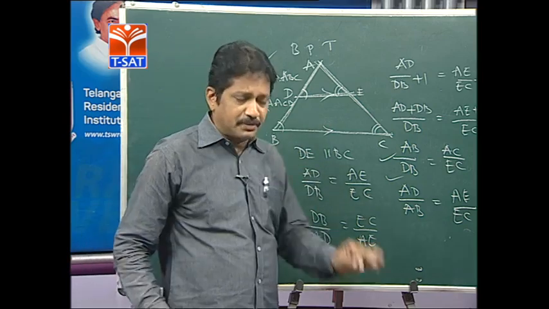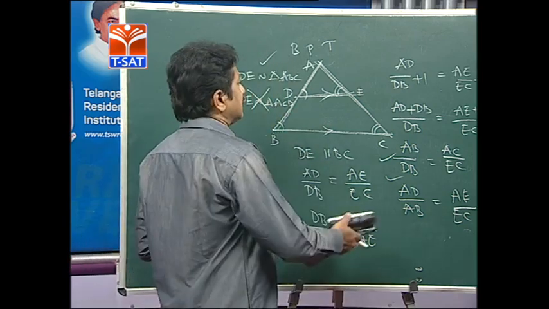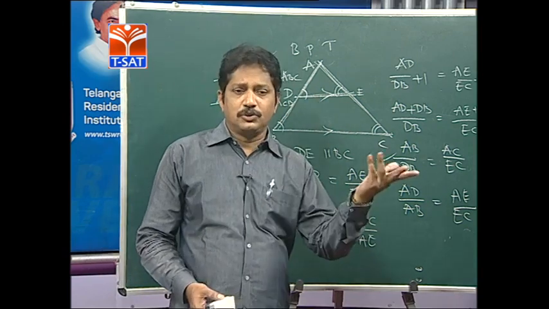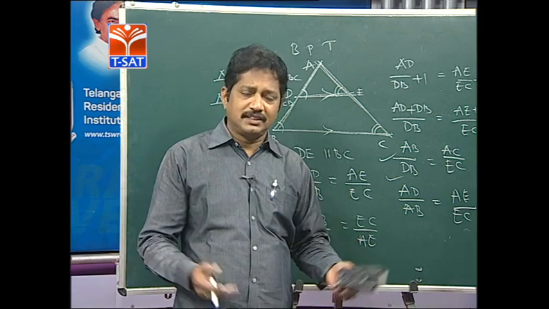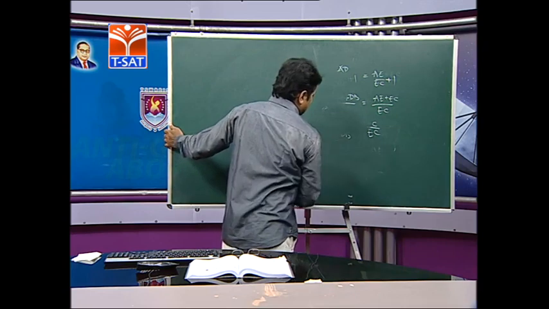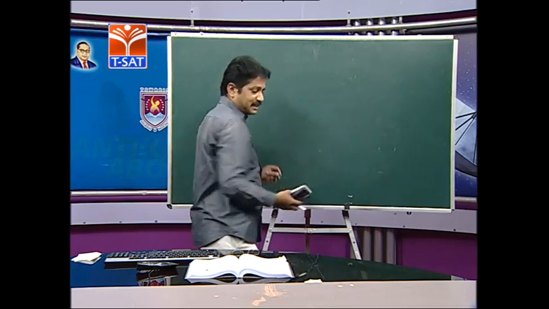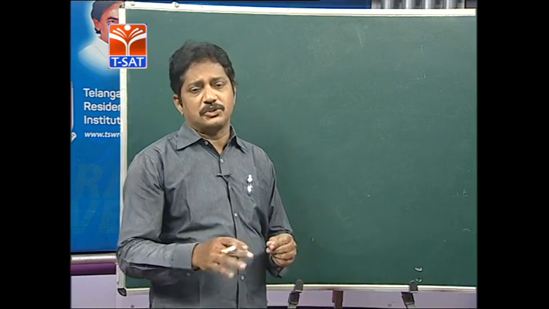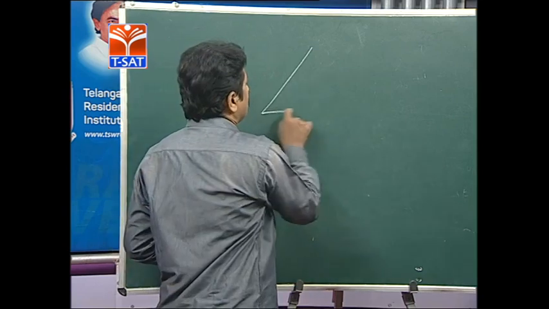This is called the basic proportionality theorem. Of course, when the corresponding sides are in proportion, then those two triangles are similar. So you can also state the converse of BPT. The converse of this theorem is also very important. In the textbook, in the exercises we gave these questions, that is called the midpoint theorem.